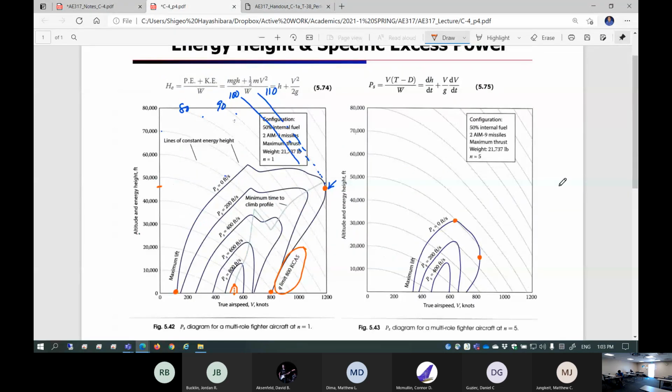Minimum speed, where is it? This is sea level, yeah? So right here, it must be sea level. It's about 300-some knots. It's a stall. Okay, good.